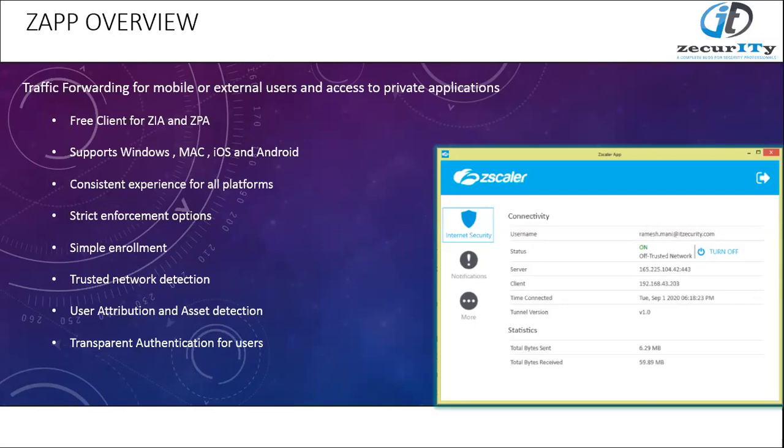And this user agent enrollment process will help you identify user attribution and user detection details, which help you to maintain the asset in Zscaler Cloud. Authentication is transparent for all the users, since the agent itself authenticates based on the authentication mechanism which we used in the agent.